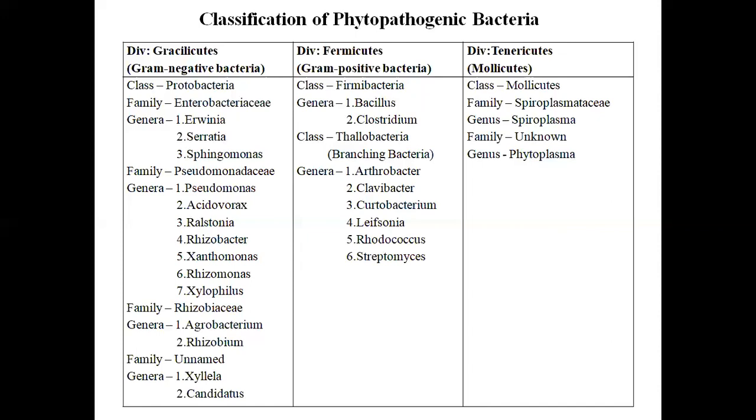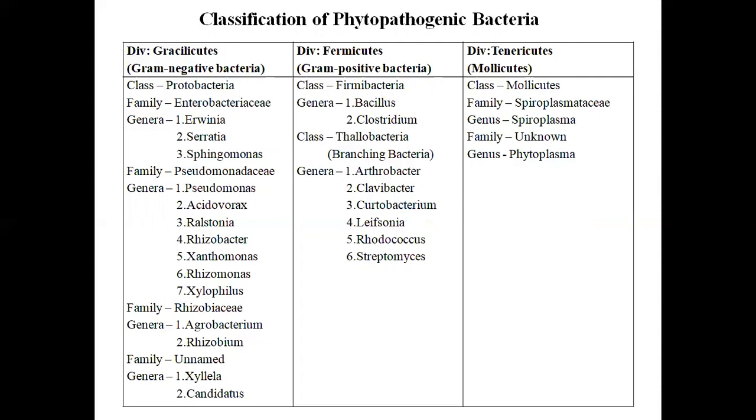Okay, now we are moving towards the second division of plant pathogenic bacteria, that is Firmicutes, basically known as gram-positive bacteria. Class Firmibacteria, the genera are Bacillus and Clostridium. Very rarely do these bacteria cause infection in plant pathology.